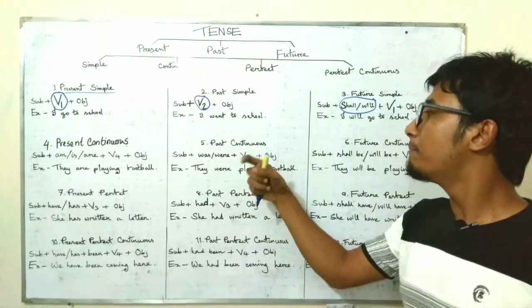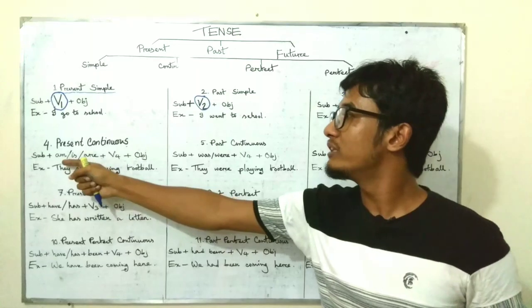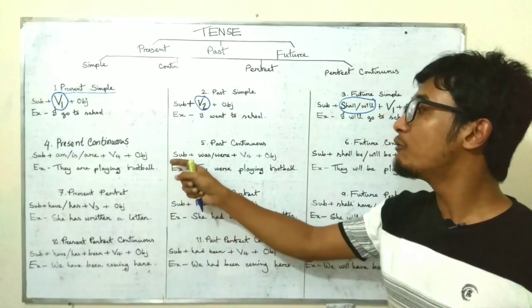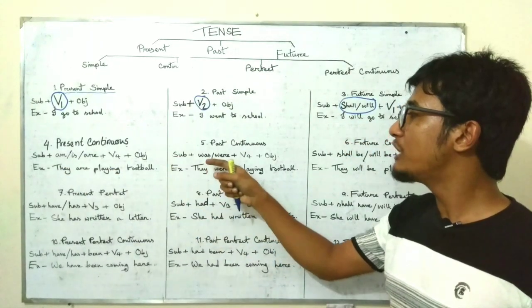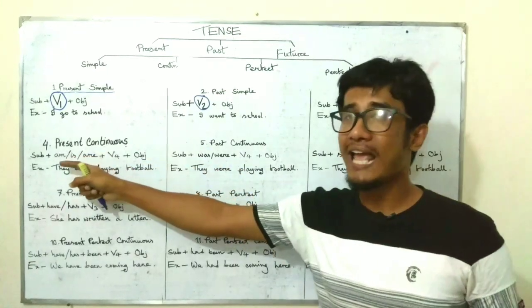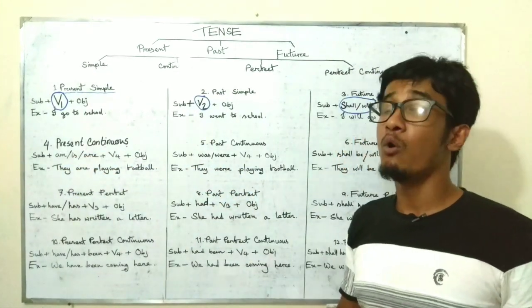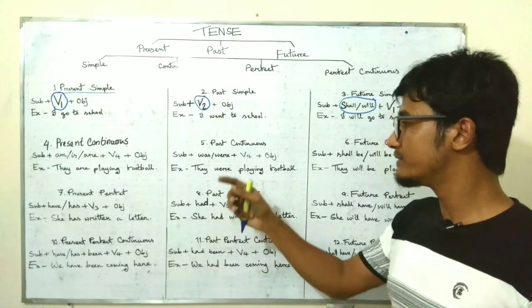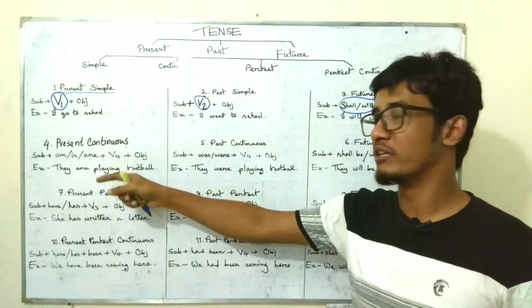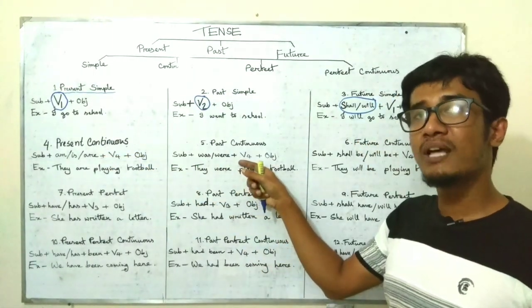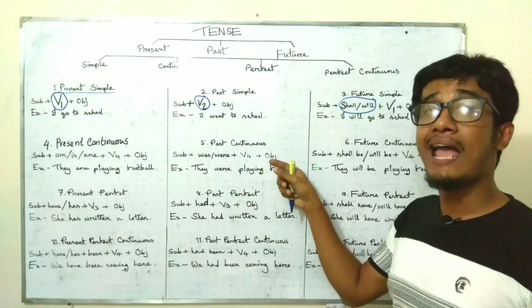And in past continuous, quite similar to present continuous, we begin with a subject, then we use auxiliary verbs, but not am, is, are. Here we use was or were. Then, quite similar to present continuous, V4, which is verb plus ing, and finally an object.